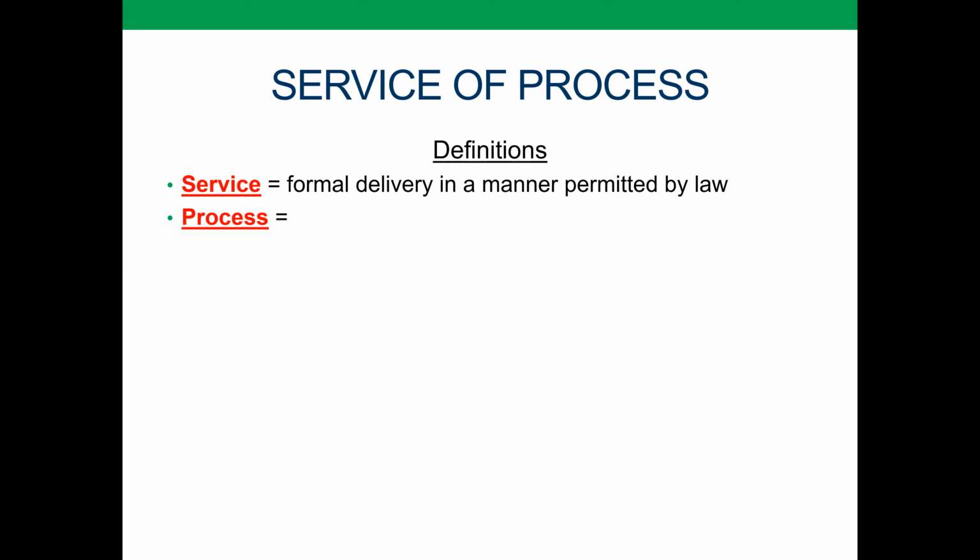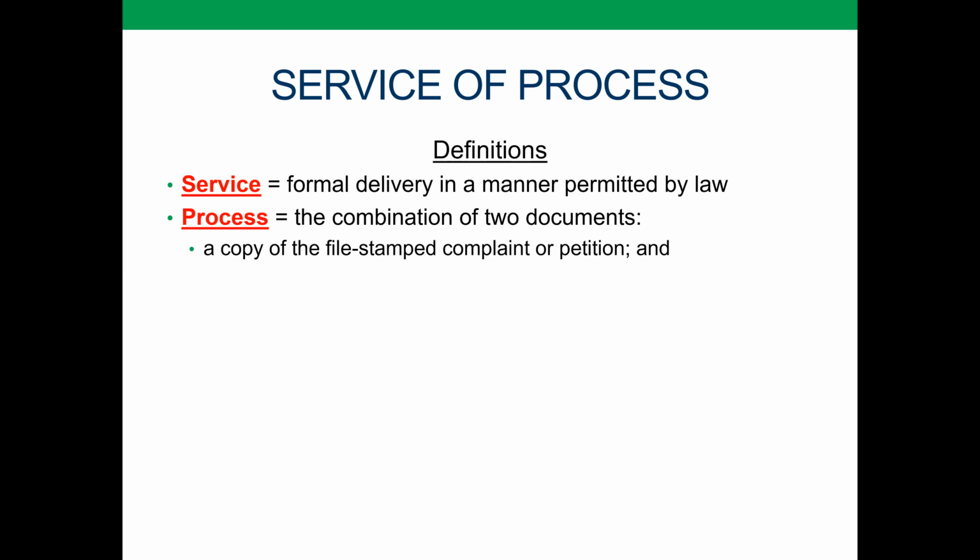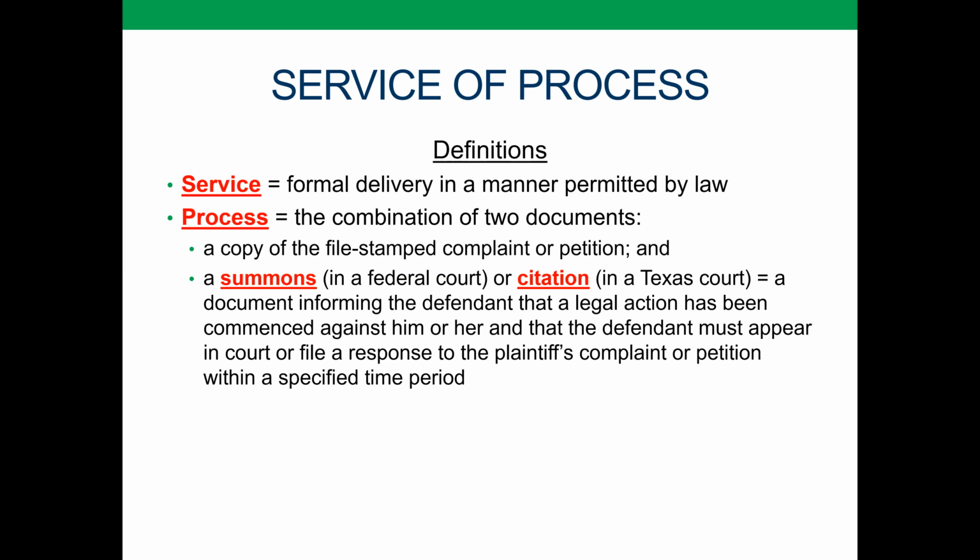Now, the term process, and again, you kind of think of due process, but in the context of giving a defendant proper notice of a lawsuit, process here refers to the combination of two documents: a copy of the file-stamped complaint or petition, and a separate document called a summons in federal court or a citation in Texas court.